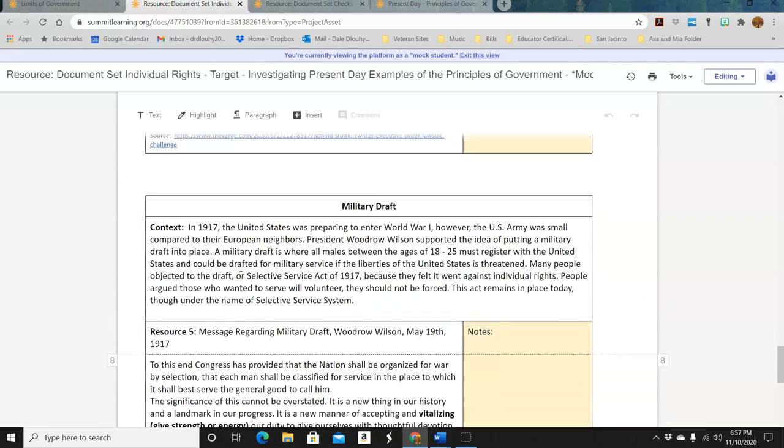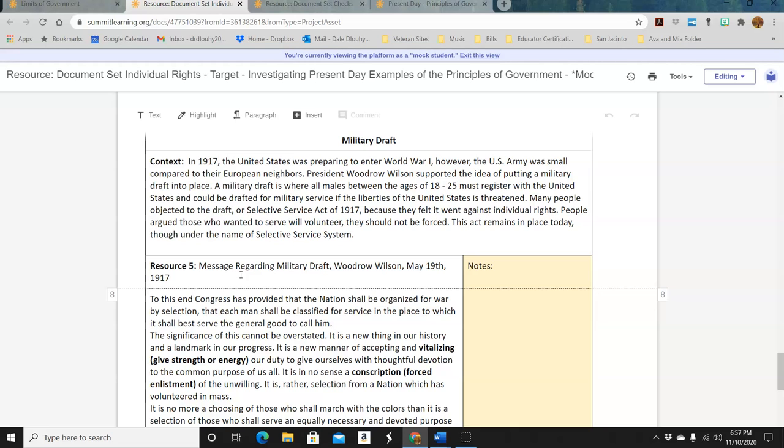And we go to resource 5, which deals with the draft. The draft, especially the 1917 draft during World War I. It says that to this end, Congress has provided that the nation shall be organized for war selection, that each man shall be classified for service in the place to which it shall best serve the general nation.